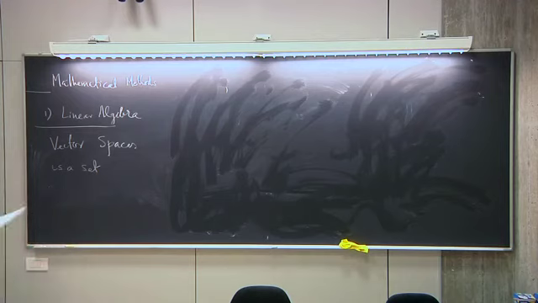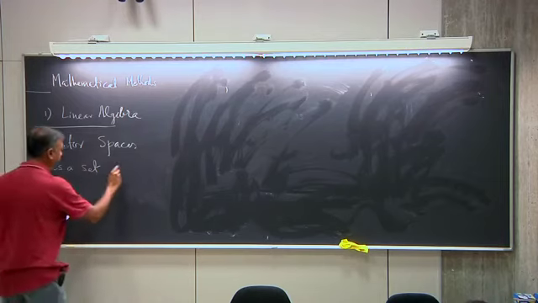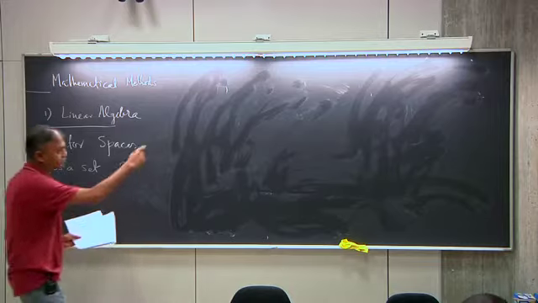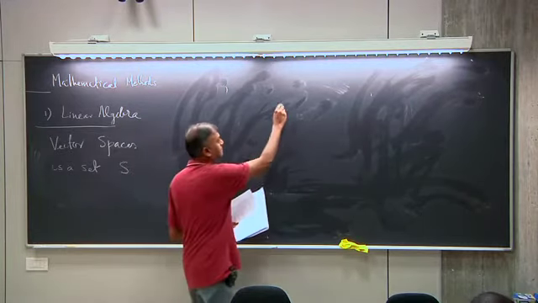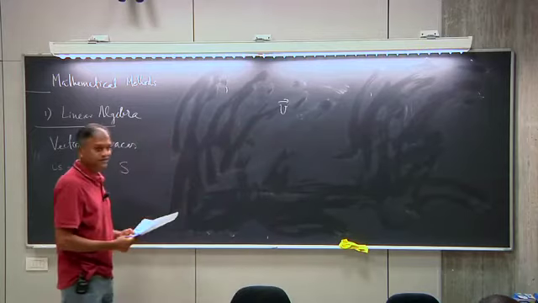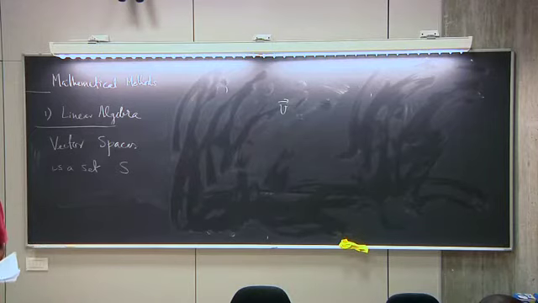I will try to use the same notation that is used in the notes so that it will be easier. I will call this set S, the set S of elements. And instead of using the notation with the arrow, I will always use the Bra and Ket notation, which is used in quantum mechanics.